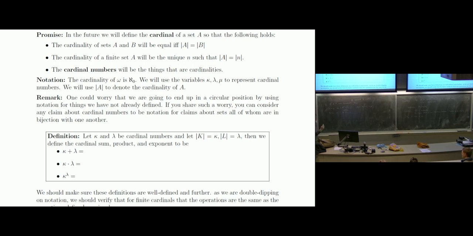And then finally, exponents, kappa to the lambda. Now this is actually why the notation I use is different than the notation in the book. It's to make this look nicer.